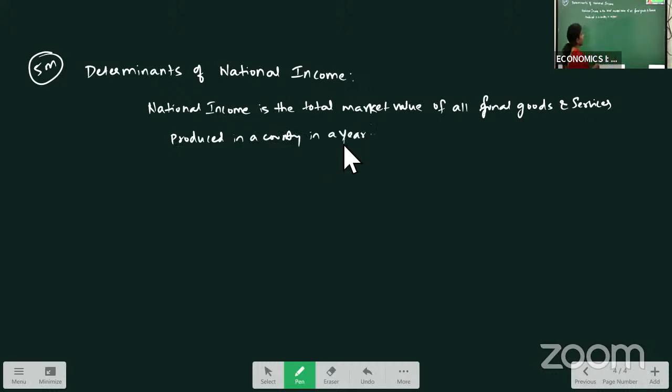So it is the total market value of all final goods and services produced in a country in a year. So what are the determinants here?